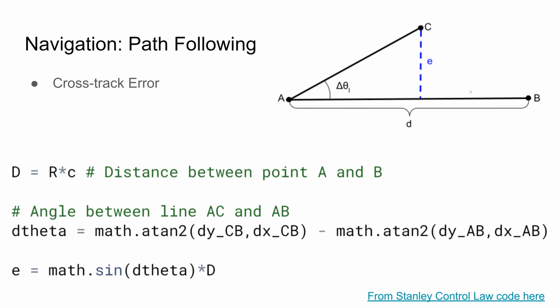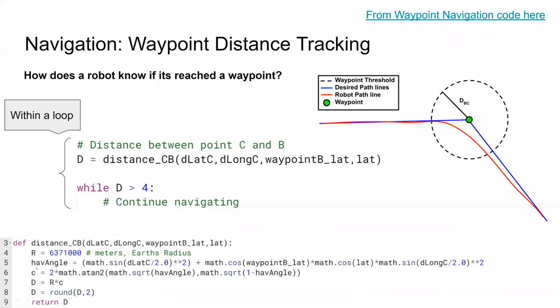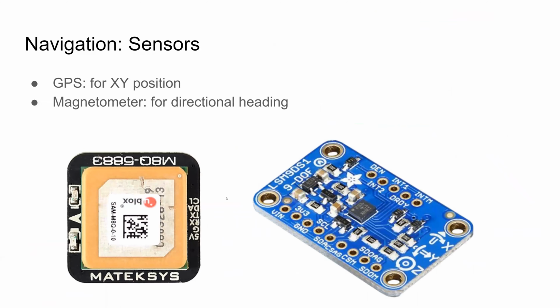If we follow that same convention, first we have to calculate the distance between point A and B. We do that using the same methods as before, which I'll quickly show you again. That was this method where we use the curvature of the Earth and the Haversine angle, and that gives us the calculated distance between the two points.